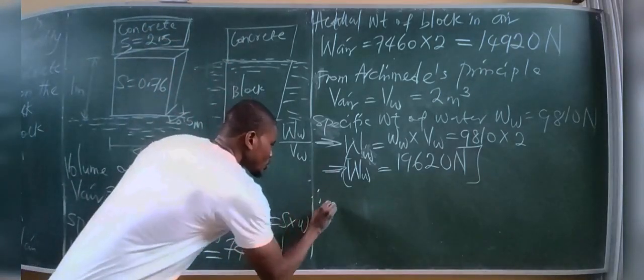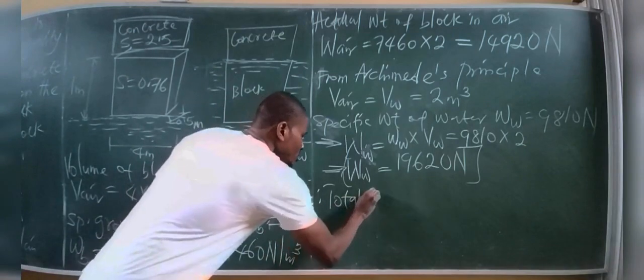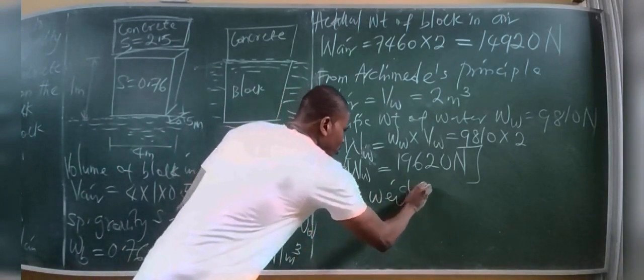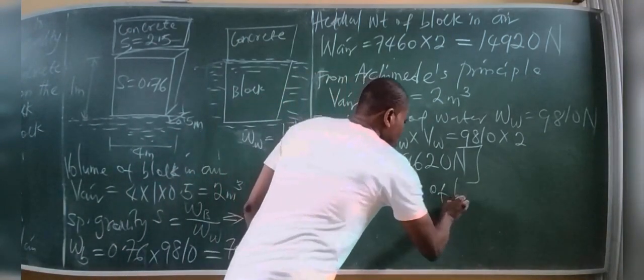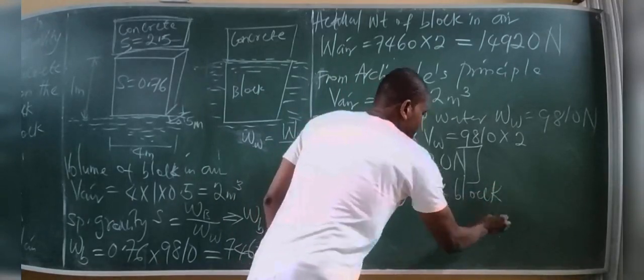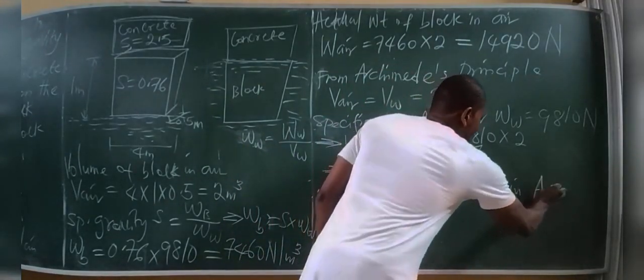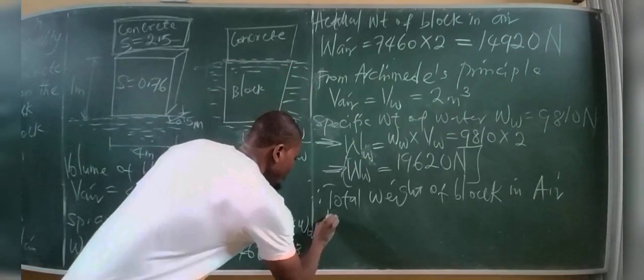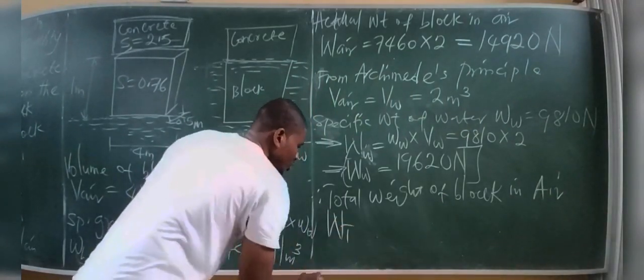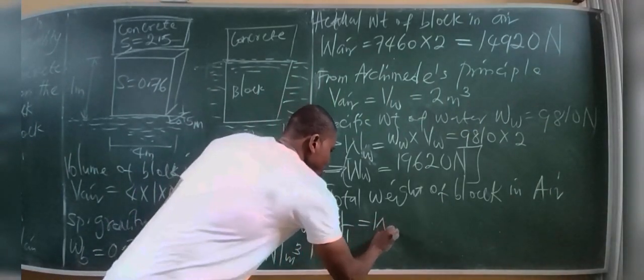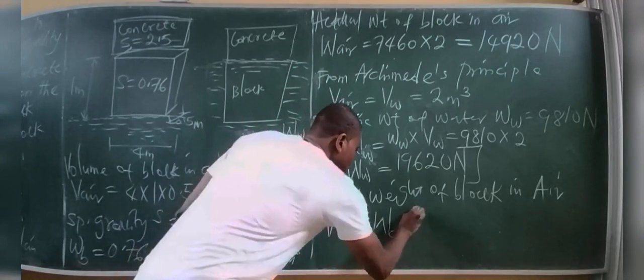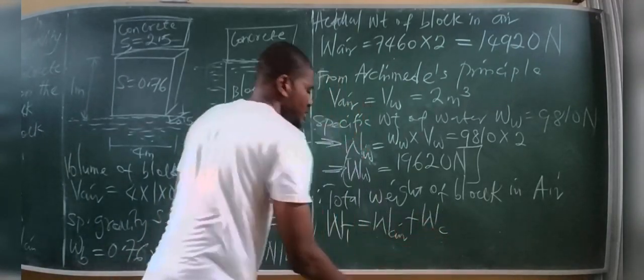Therefore, total weight of block in air, so simply use WT, is now what? The weight of block in air plus the weight of what? The concrete itself.